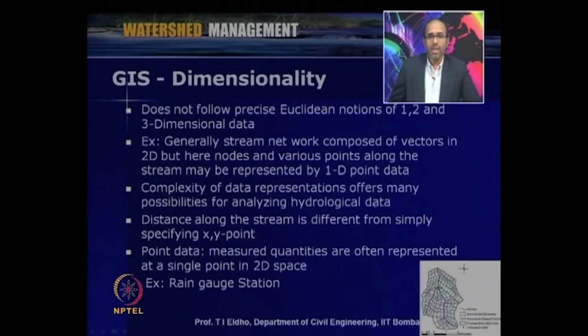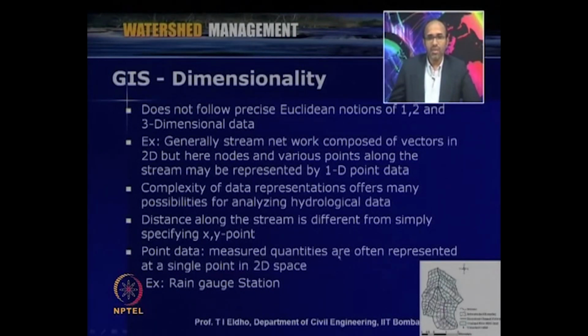Then the complexity of data representation offers many possibilities for analyzing hydrological data. As I mentioned, hydrological data can be the location of streams, lakes, or the hydrogeological parameter variation. These complexities we can easily deal with with the help of GIS. Distance along the stream is different from simply specifying an xy point, a particular point. So, that way we will not have precise Euclidean notions.